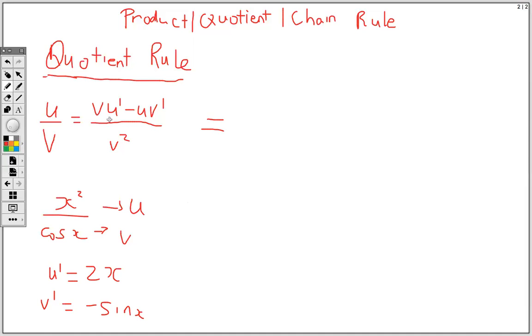What's my v? V is cos x. U prime is 2x, so it's times 2x. My u is x squared, and my v prime is minus sine x.